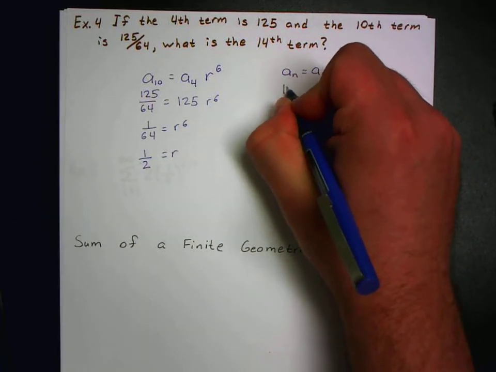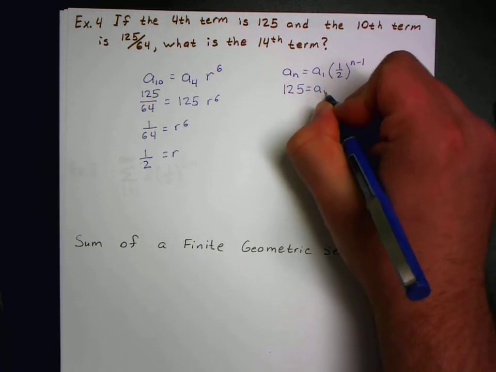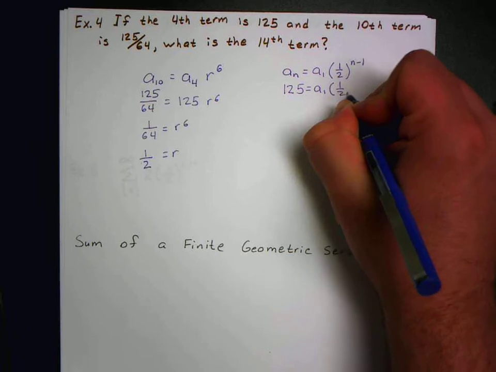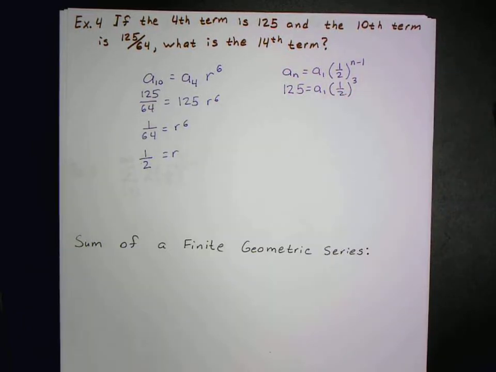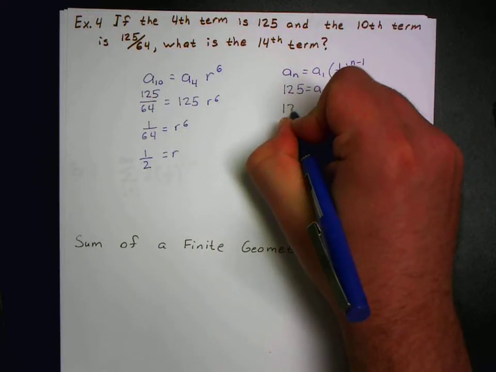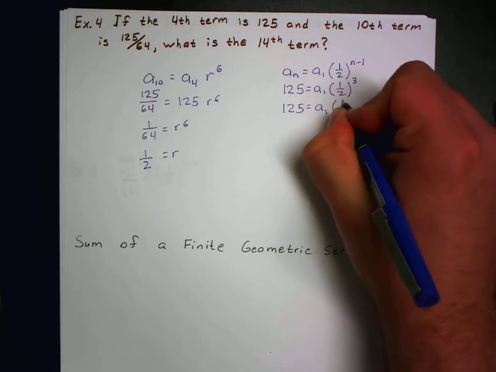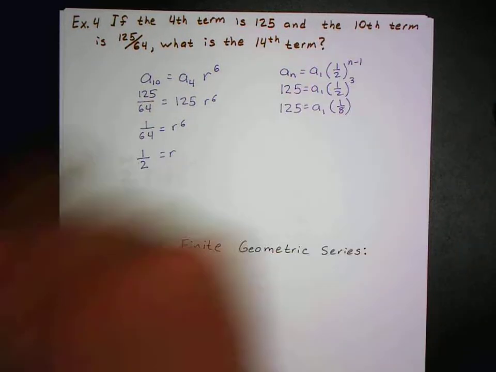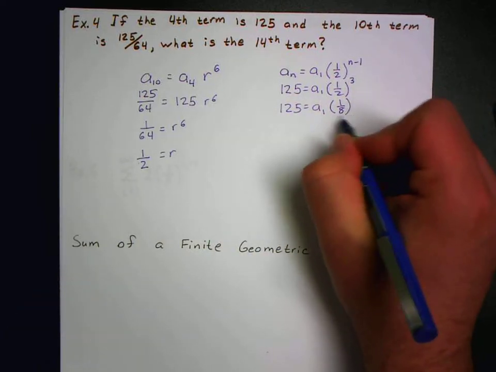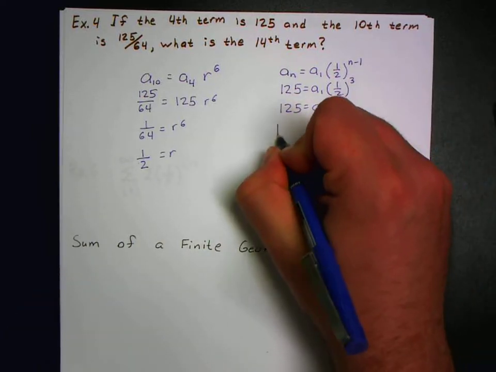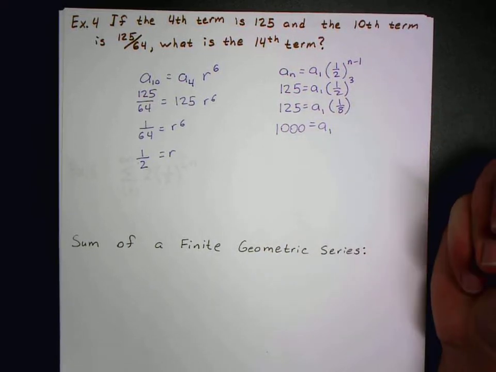So the fourth term is 125 equals A1 times 1/2 to the 4 minus 1, which would be 3. So I'd have 125 equals A1 times 1/8. So then I'd multiply both sides by 8. So that gives me 1,000 equals A1.